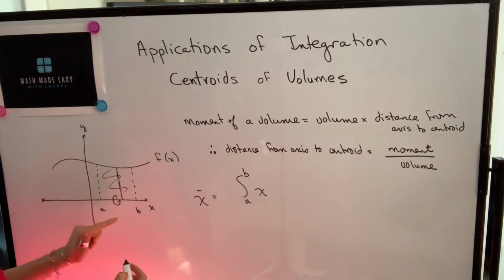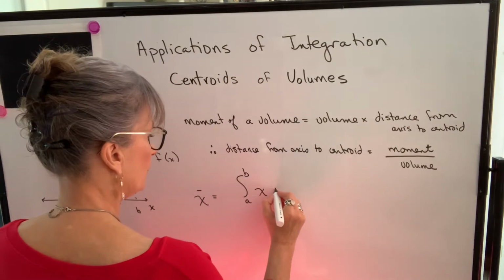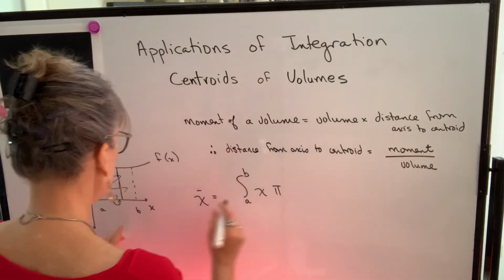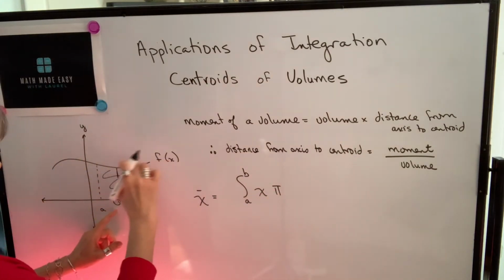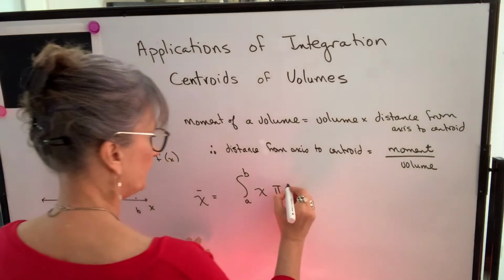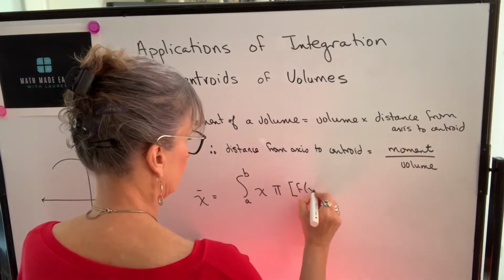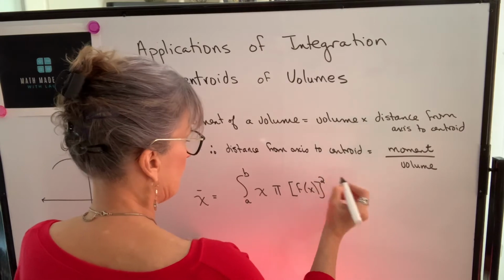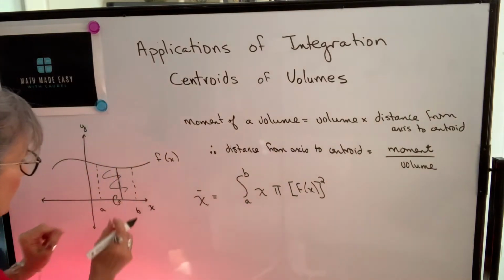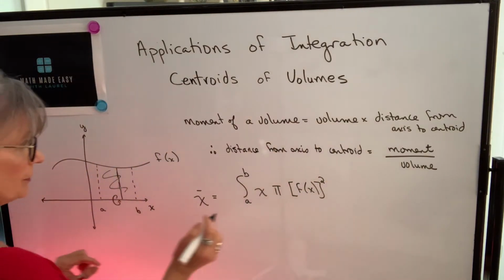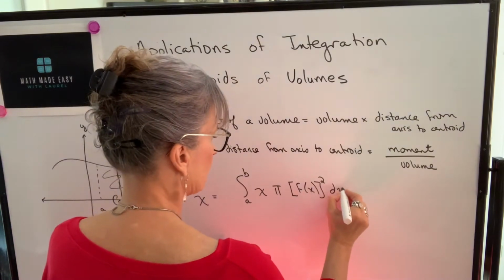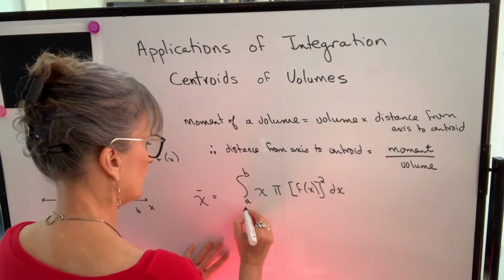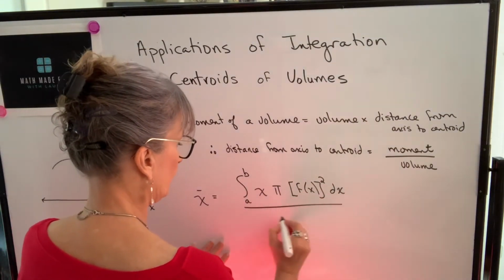So it becomes a cylinder, and that volume is pi times the radius. The radius will be f of x. It will be this y value squared, radius squared, times the height or the thickness of that cylinder or that disc, which will be dx. And that will be divided by the total volume.